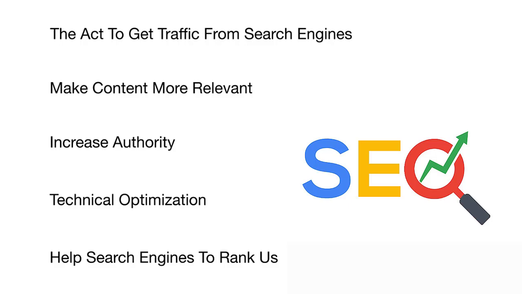And then we also need to increase the authority of our website. Authority is something we can derive from genuine content, from external links on other sites, and a lot of other factors.